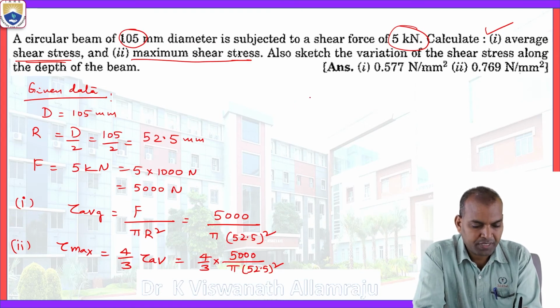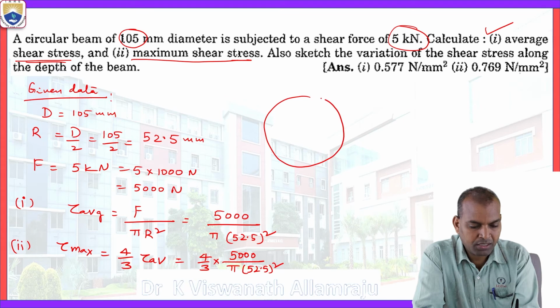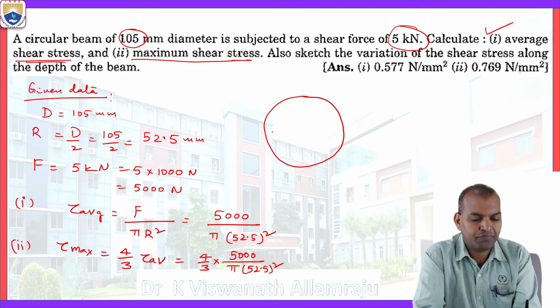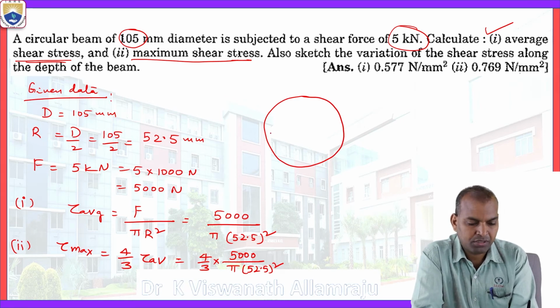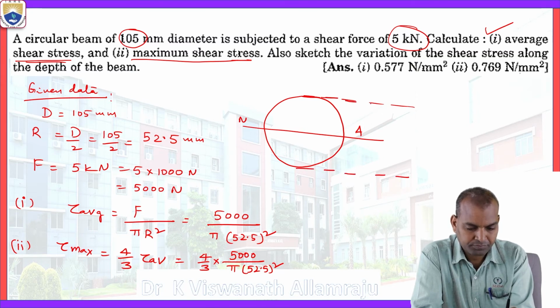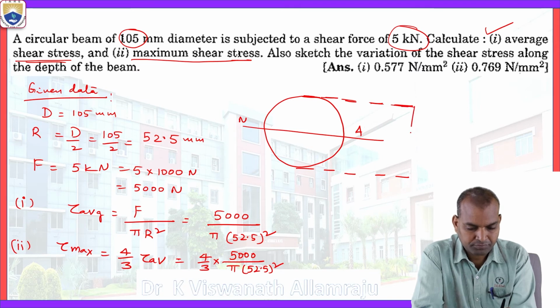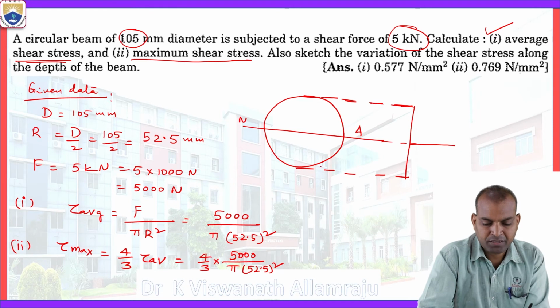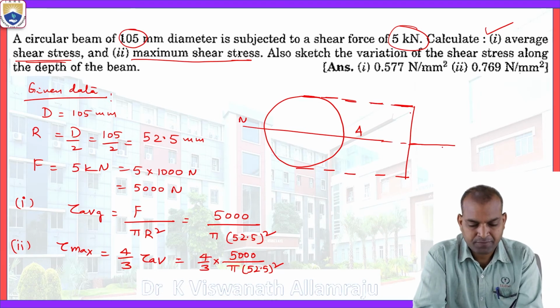Take a scale and draw a circle with a radius of 52.5 millimeters. This is the neutral axis. The tau maximum comes, substitute that value, take a scale and draw a curve parabolically.